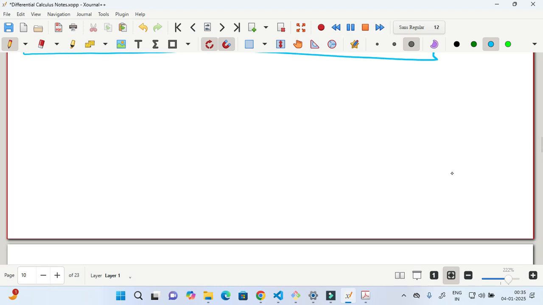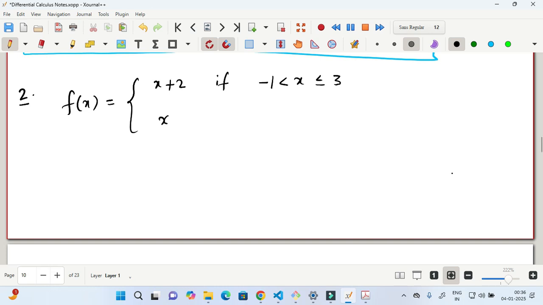So here the next function is f of x equals x plus 2 if minus 1 less than x less than 3, and x square if 3 less than x less than 5, and the point is a equals 3. So he is asking us to find the limit at x equals 3 for this function.